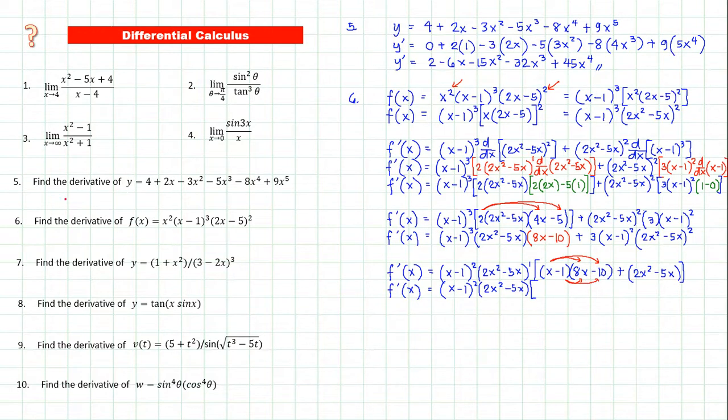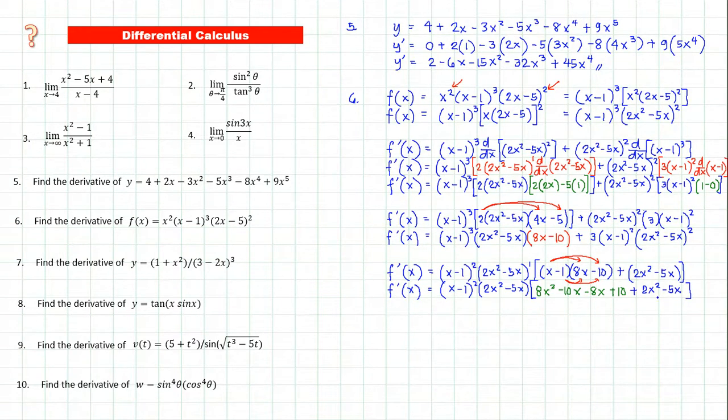Distribute natin yan. This will now become equal to 8x squared tapos minus 10x tapos minus 8x, right? And then plus 10. Dito naman, kopyahin ko na lang kasi wala naman nagbago dyan. Plus 2x squared na lang yan minus 5x.